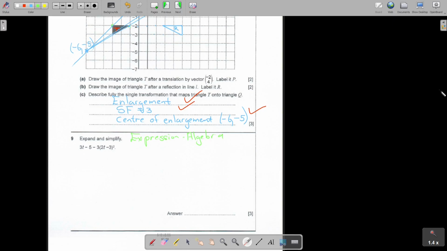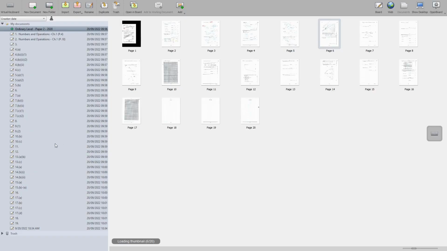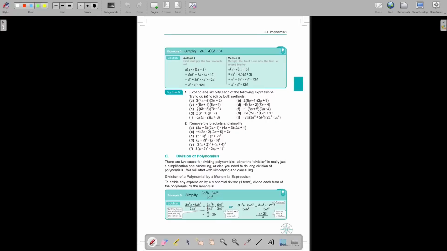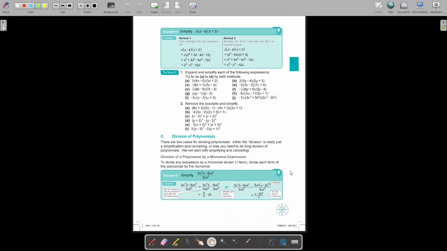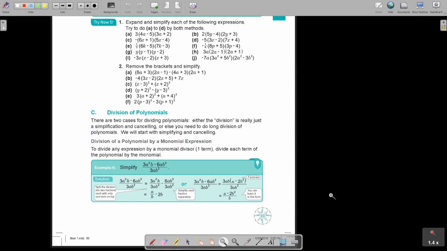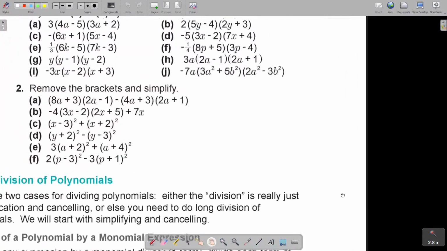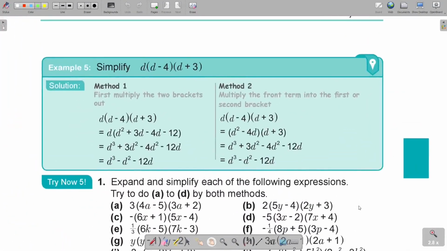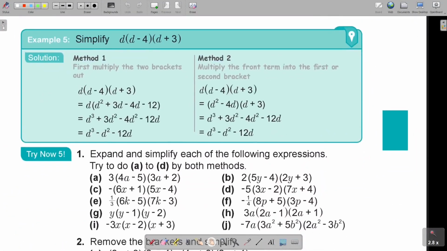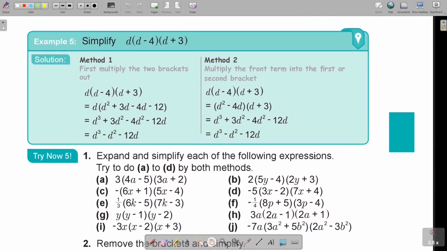I just quickly want to take you to the textbook. In the textbook, I'm on page 93, in algebra, at polynomials, chapter 3. And I want to take you to this example 5.